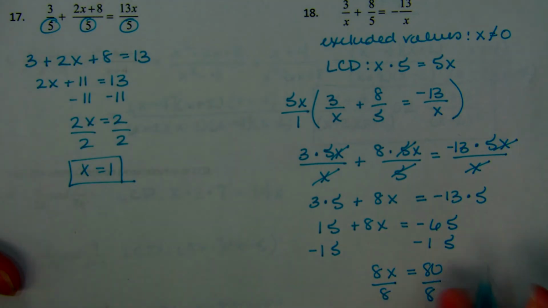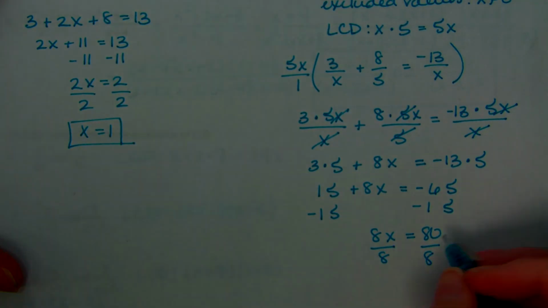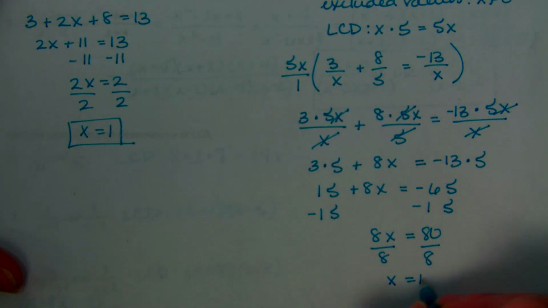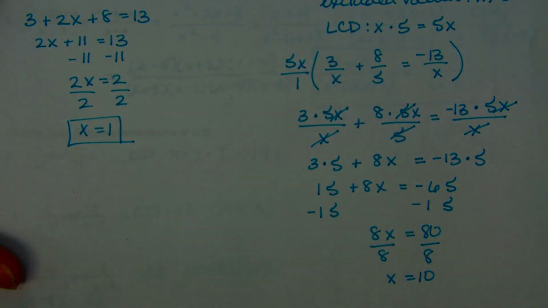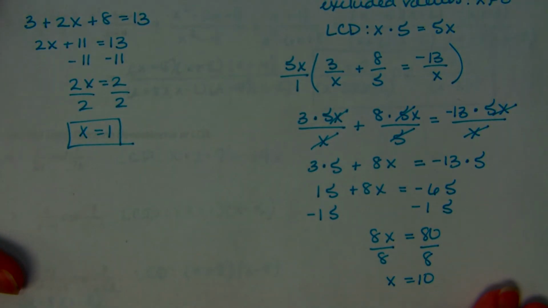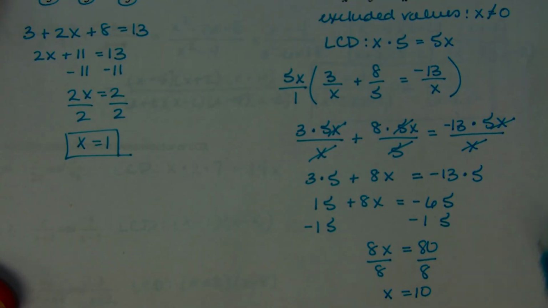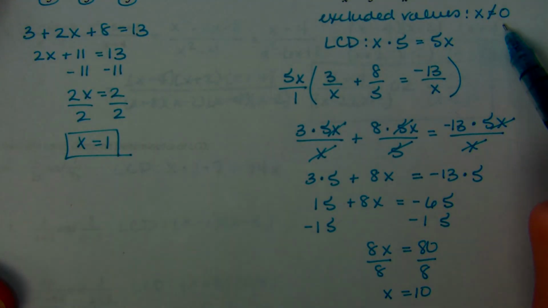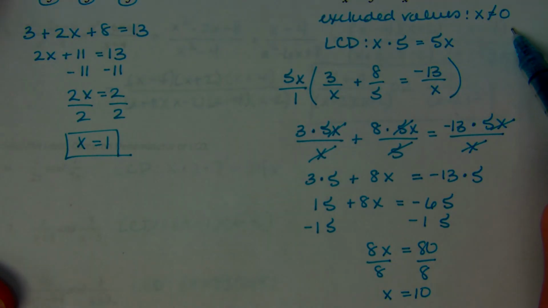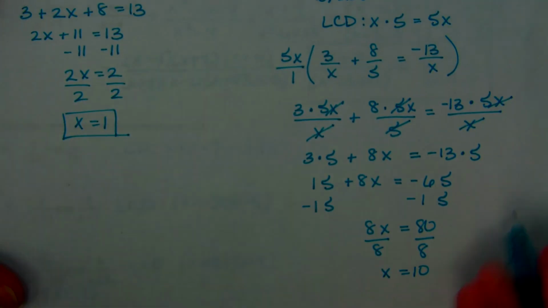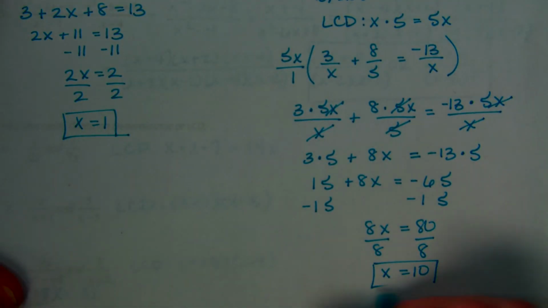Divide by 8. And I get x is equal to 10. That's my answer. All right, and we come back up here, guys, and it's right up at the top of the screen, I'm sorry. But right here, our excluded value was 0. This is not 0, so we're good. That's our answer. We're good to go.